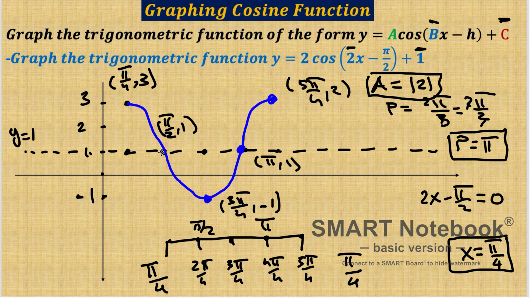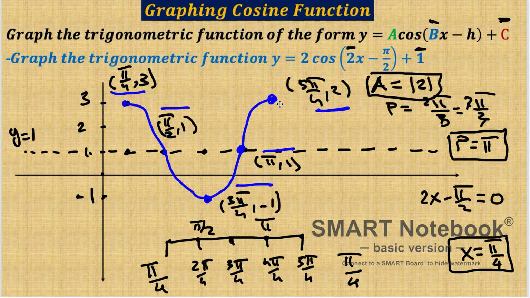So those are the points for this one period of the function 2 cosine of (2x minus pi over 2) plus 1. If we want to look at it a little better, more to scale, we can check.